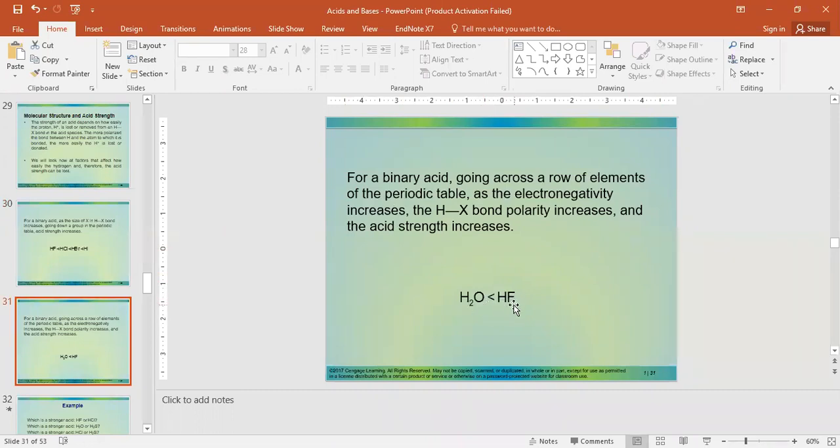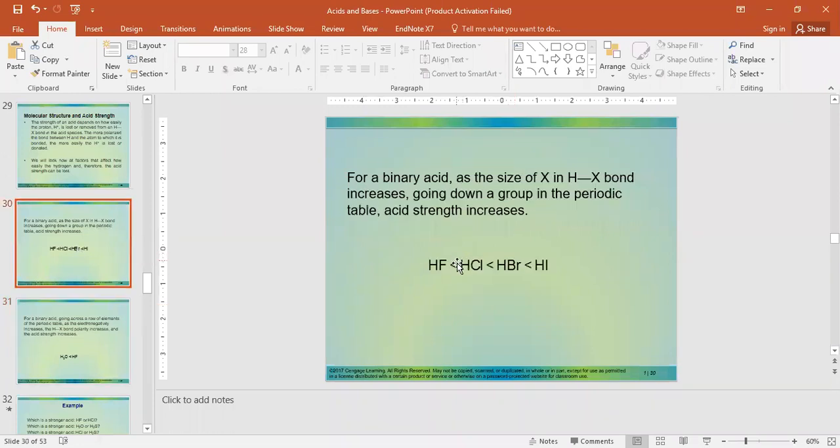So it is a different trend here. If you look at what we have here, all of them are hydrogen, but here we have fluorine, chlorine, bromine, and iodine.